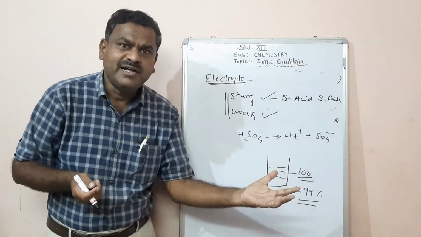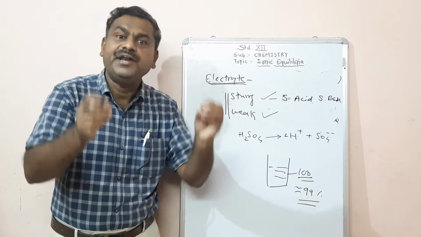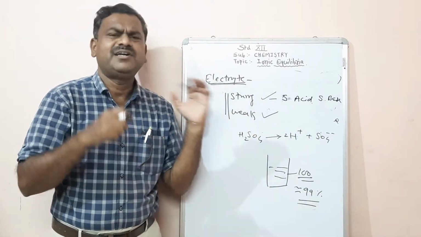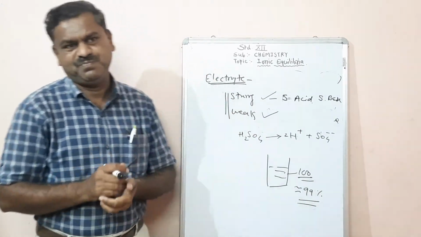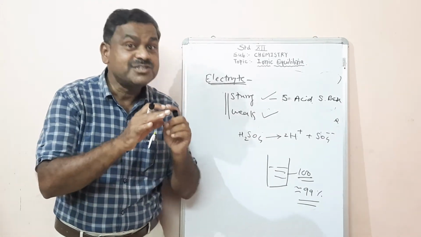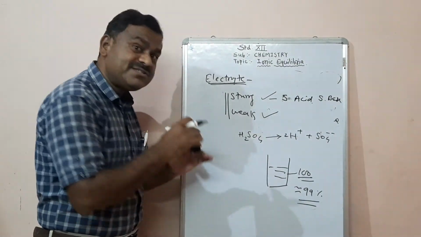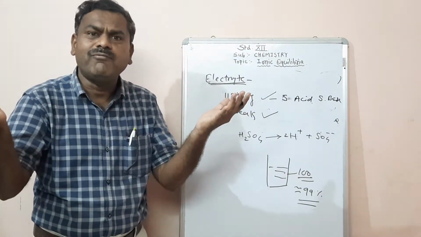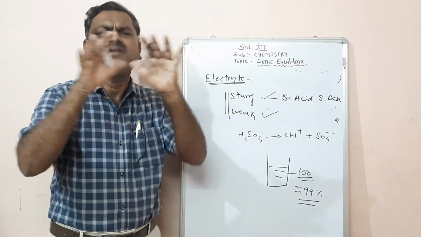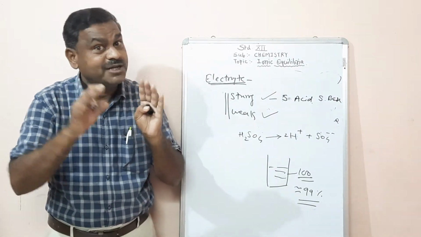Dissociated means separation of ions that already exist. You should know dissociation and ionization. Dissociation means separation of ions, and ionization means formation of ions. That is the difference between dissociation and ionization.